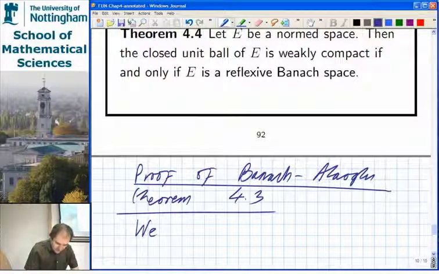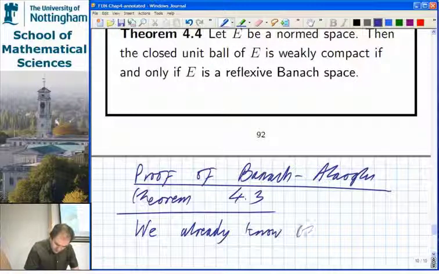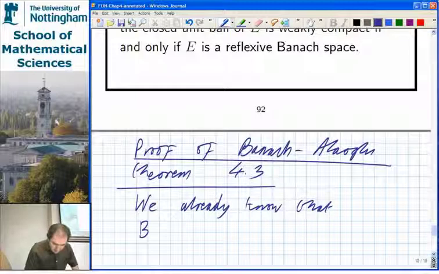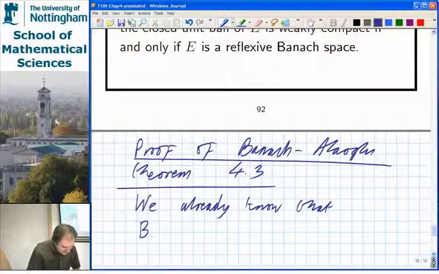So we already know that this is the closed unit ball in E star.